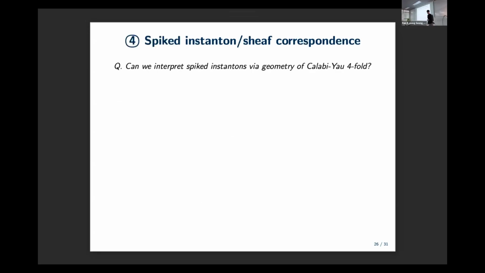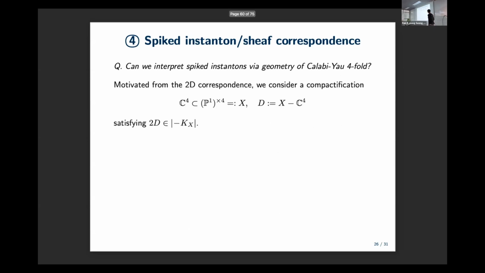And lastly, let me comment on the potentially geometric interpretation of these spiked instantons by some geometry of Calabi-Yau fourfold. Because we are using some Donaldson-Thomas theory of Calabi-Yau fourfolds, it's natural to expect such a formalism. And the natural place to start is C4 and its compactification, just as in the previous 2D case.